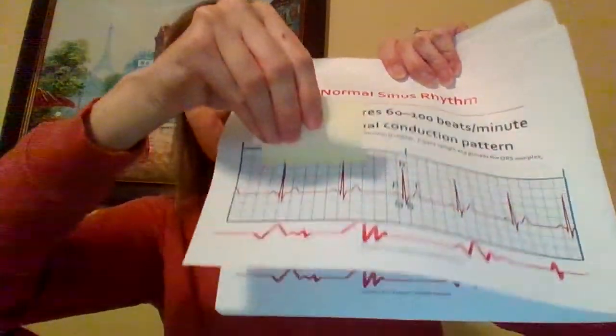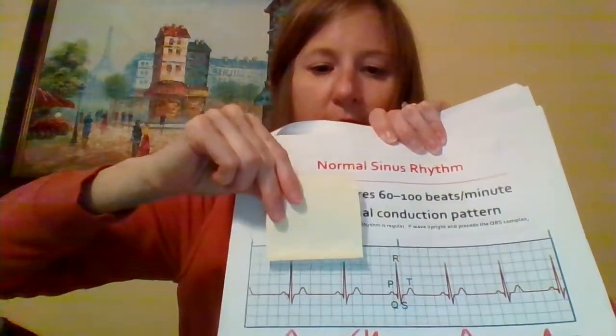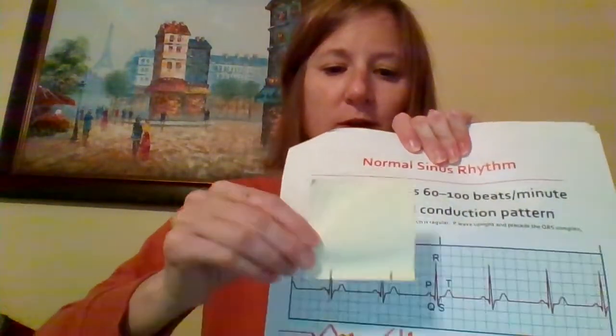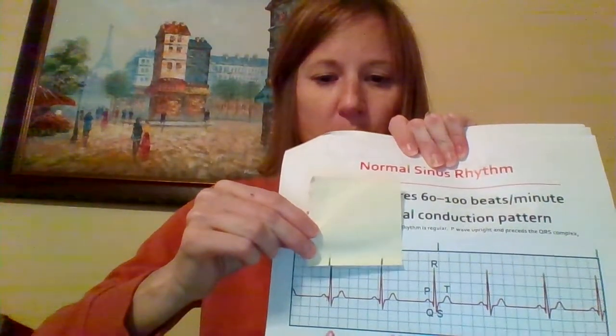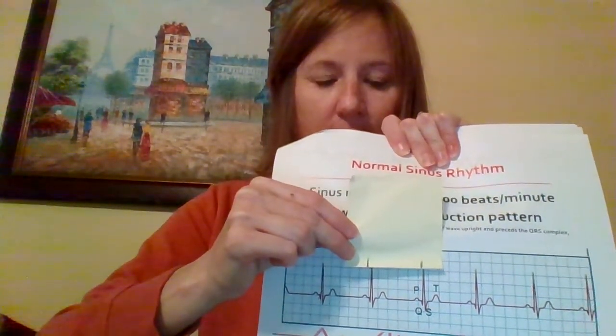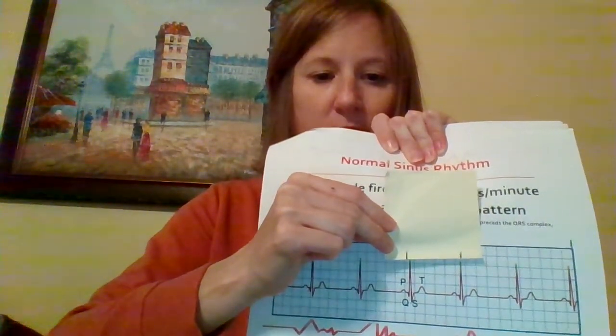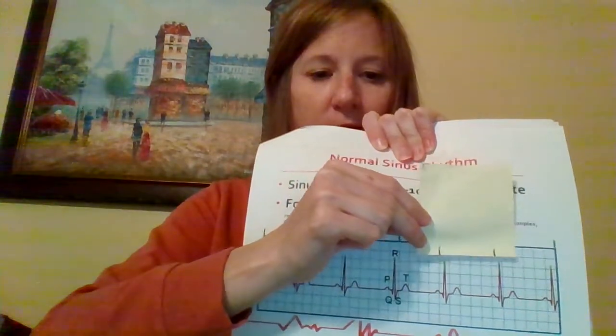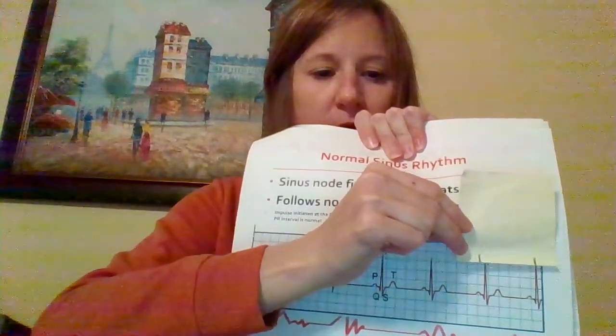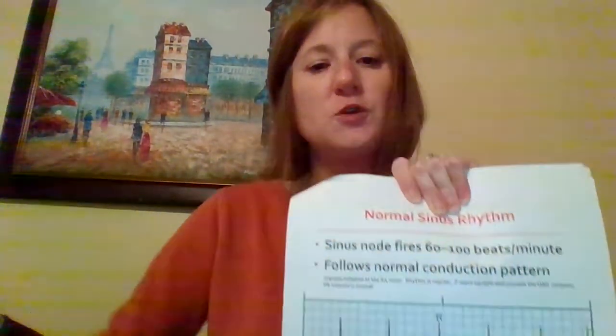Actually, let me make this a little bit darker so you can see. All right. So if it's regular, you go from R to R, and in order for this to be a regular rhythm, you have to measure each one. So that's regular, and this is regular. So we can say this is a regular rhythm.